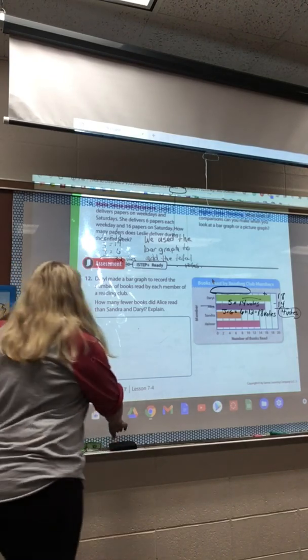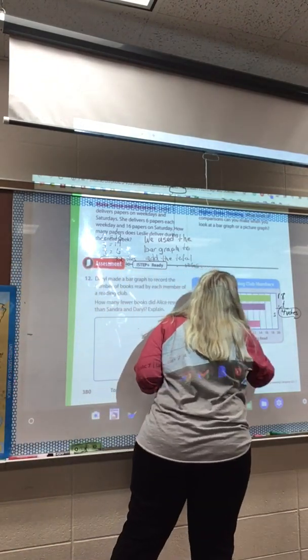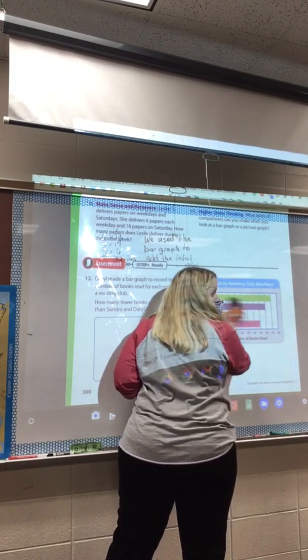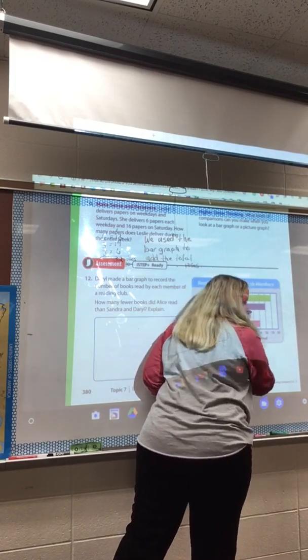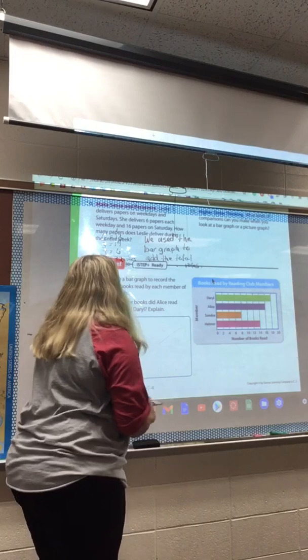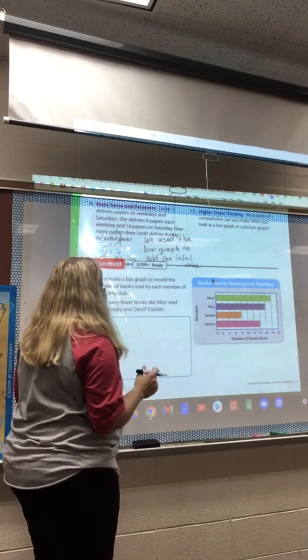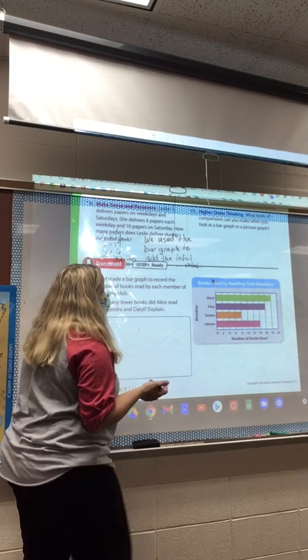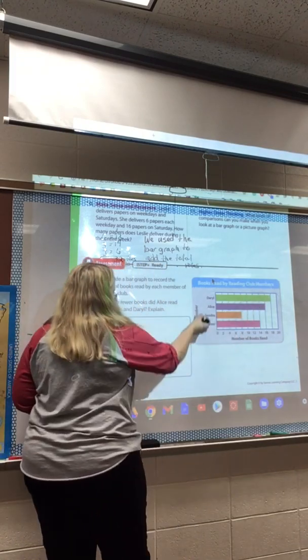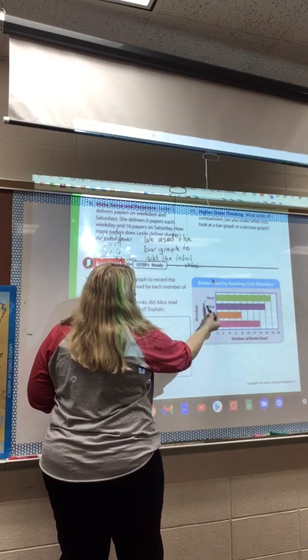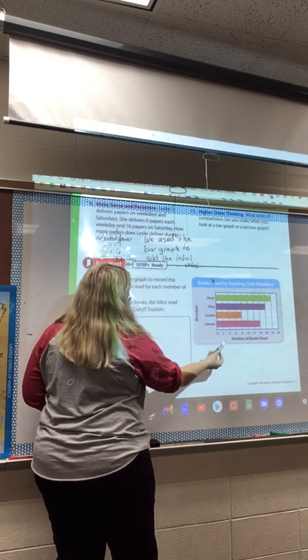Number 12. Can somebody read the title of this paragraph while I'm reading? Rylan? Okay, so I'm talking about some books, and I got some kind of club and their members. So over here it says members. I've got Daryl and Alice and Sandra and Helmer.